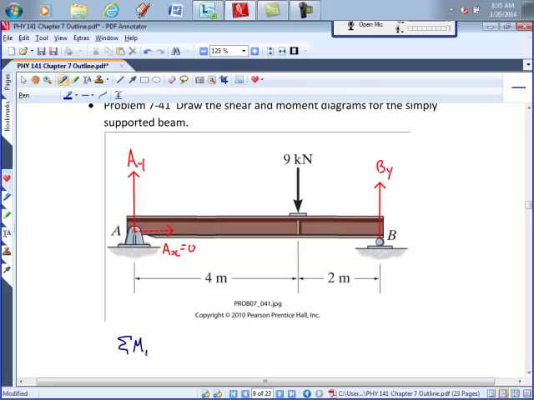So if we take our moments about A, is this 9 kilonewtons positive or negative moment? It's going to be a negative moment. So that would be negative 4 meters, 9 kilonewtons. And then By would be a positive moment, so plus 6 meters By.